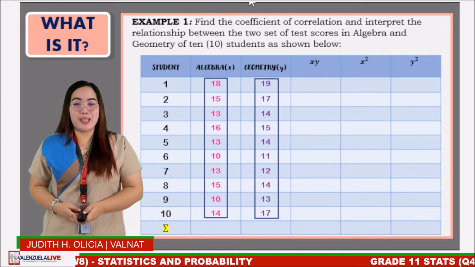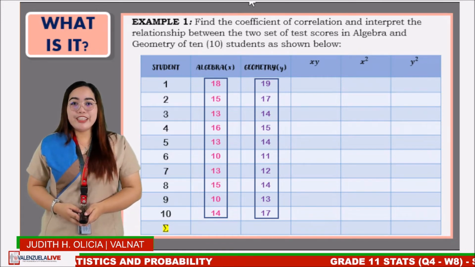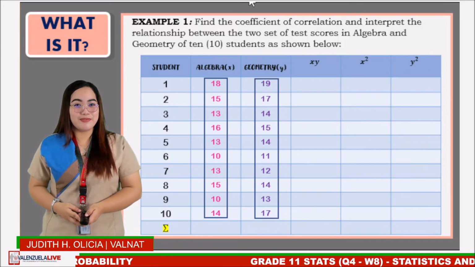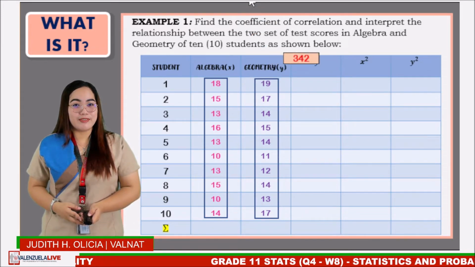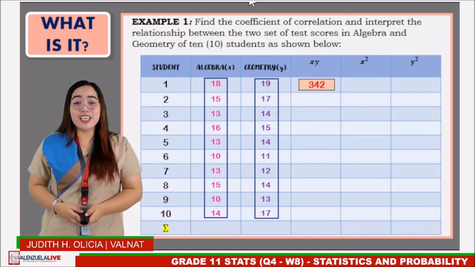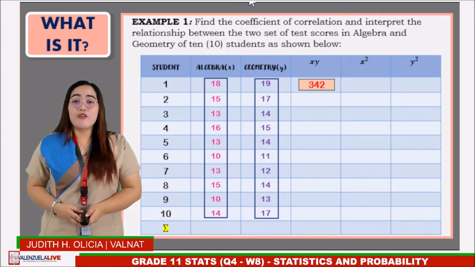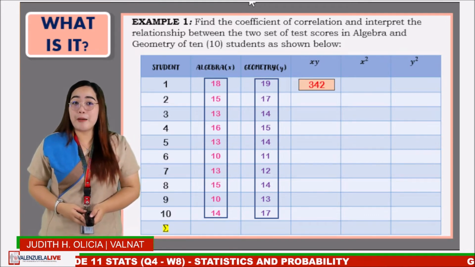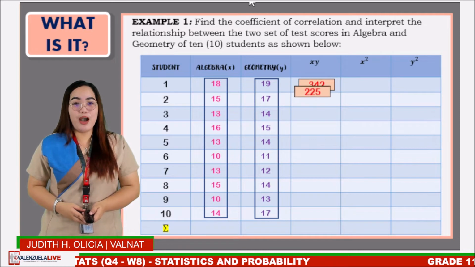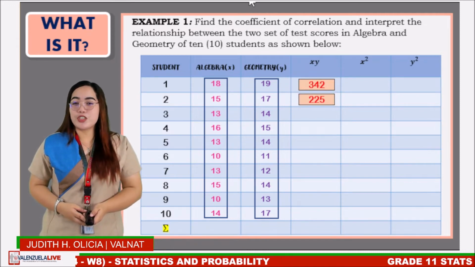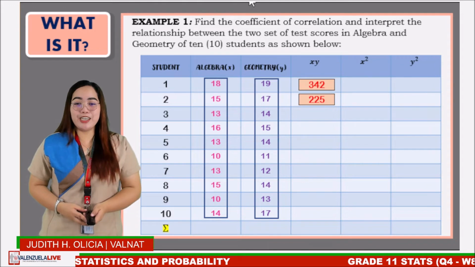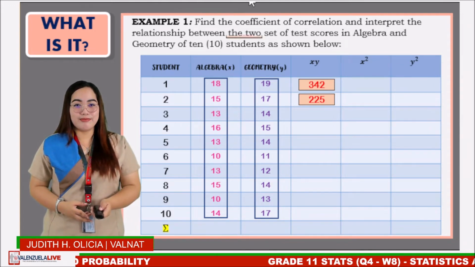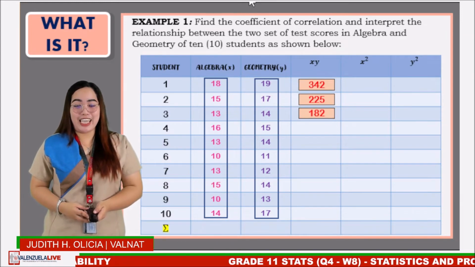For student number 1, 18 multiplied by 19, the product is? Okay, very good. It is 342. For student number 2, 15 multiplied by 17, the product is 225. For student number 3, 13 multiplied by 14, the product is 182.